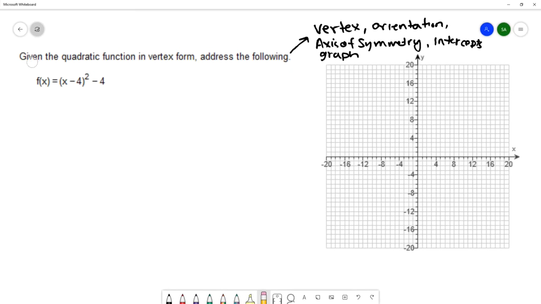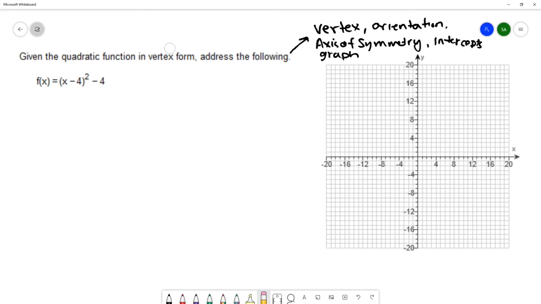In this example, we're going to be given a quadratic function in vertex form, sometimes it's called standard form, and we want to find the following. We want to find the vertex, the orientation, axis of symmetry, intercepts, and then graph this quadratic function.